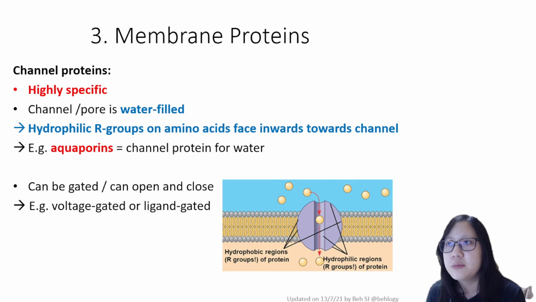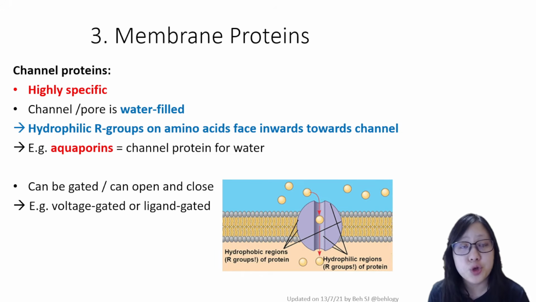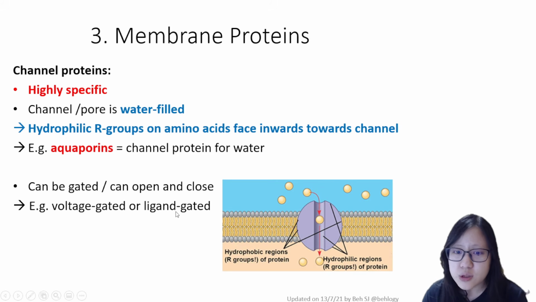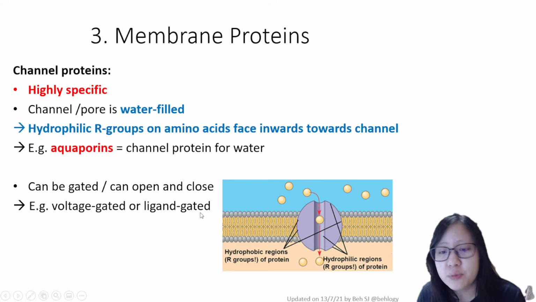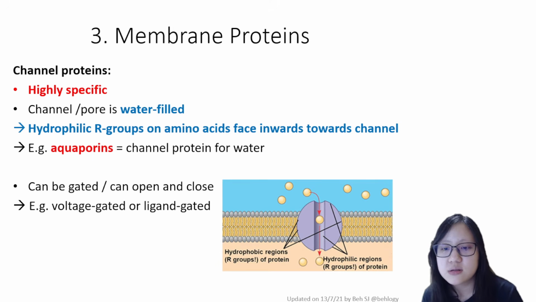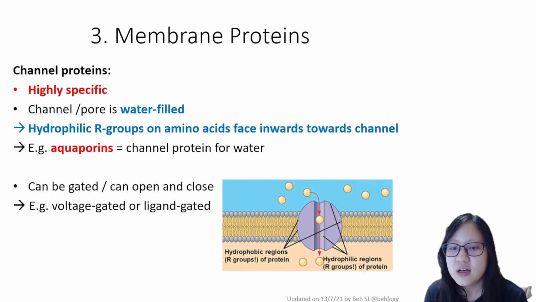So for example, maybe only if the membrane is negatively charged will it open. This happens a lot in neurons. How about ligand-gated? Ligand-gated channel proteins would only open if a certain ligand or substance is present. For example, that ligand could be sodium ions.